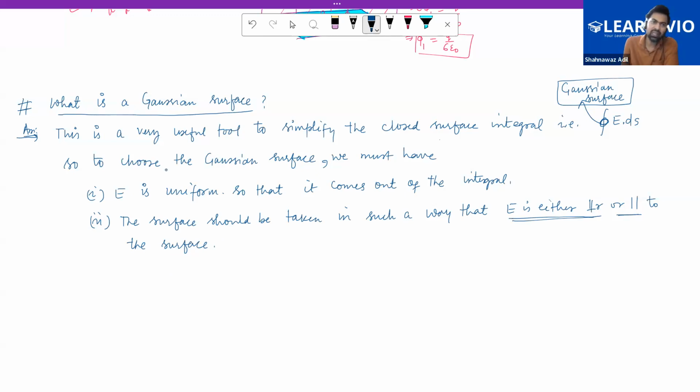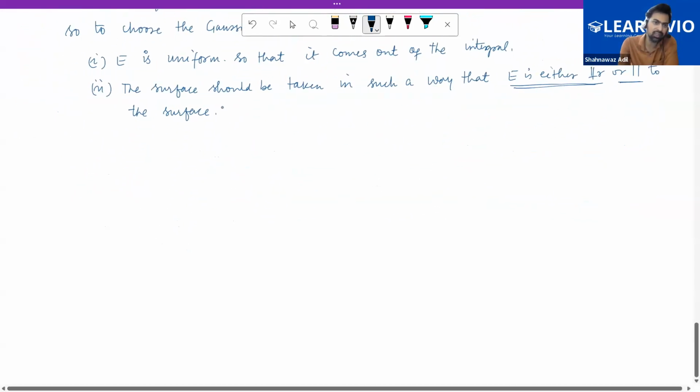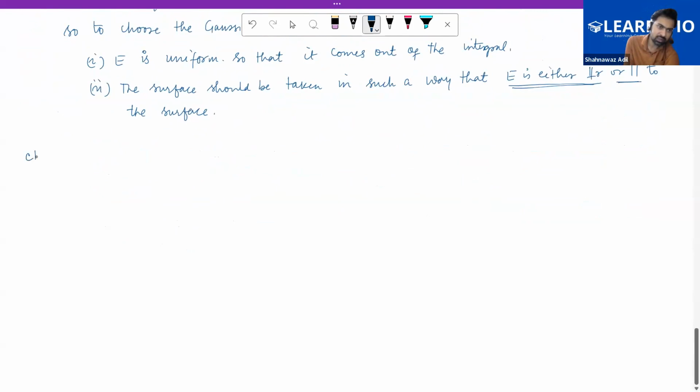So we can have different kinds of Gaussian surface for different kinds of charge distribution. So this is dependent upon the charge distribution, right? So let us understand the charge distribution.